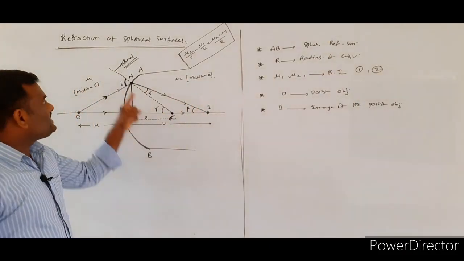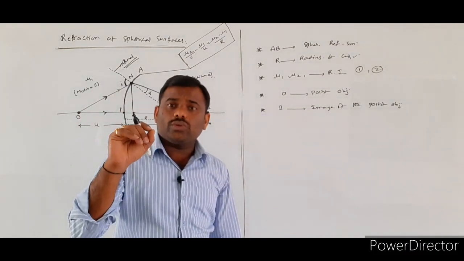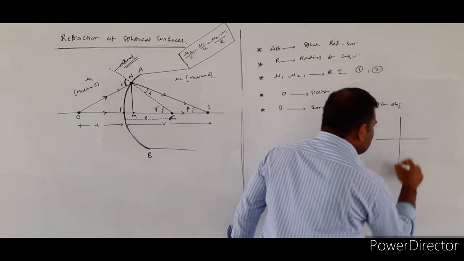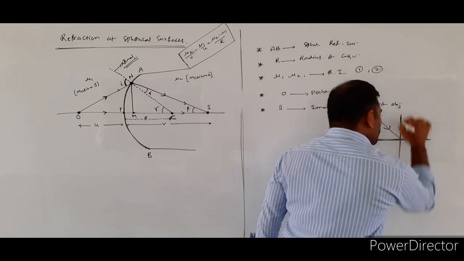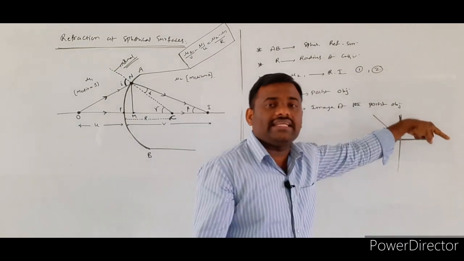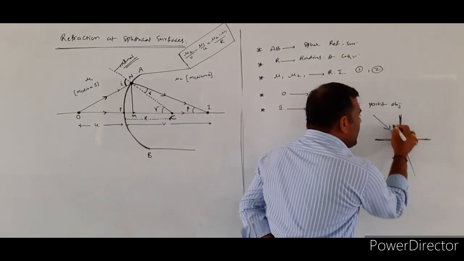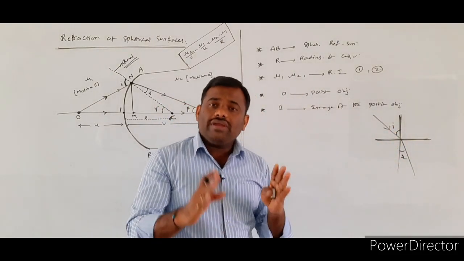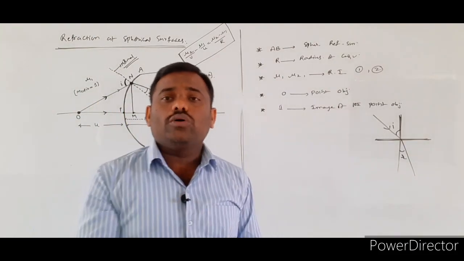Next, there is a dotted line C to N. What is the C to N dotted line? Suppose you want to explain refraction at a plane surface. Whenever light is incident on the plane refracting surface, you draw a normal to the refracting surface. With respect to that normal only, the angle of incidence or angle of refraction values are considered. Whenever refraction takes place at a spherical surface, where do we draw the normal?